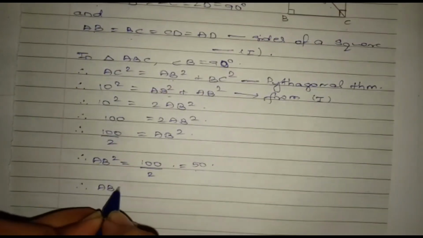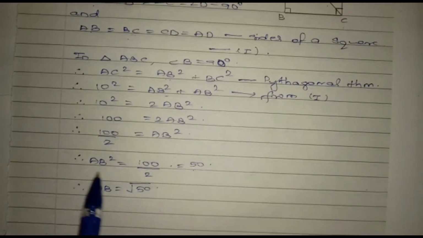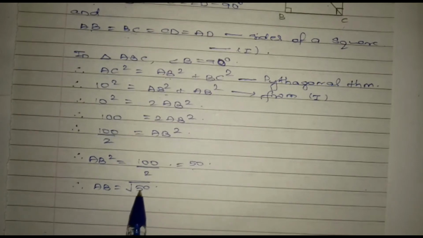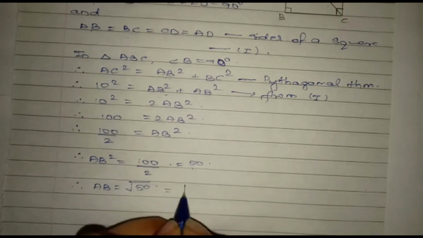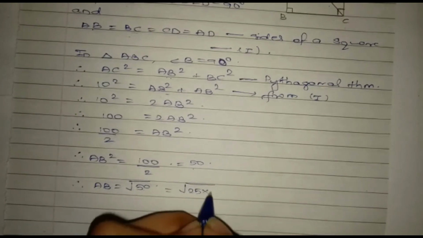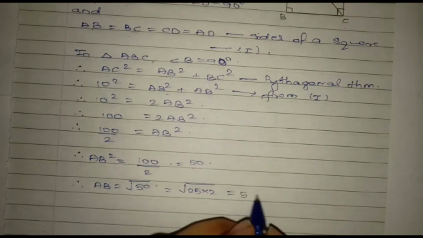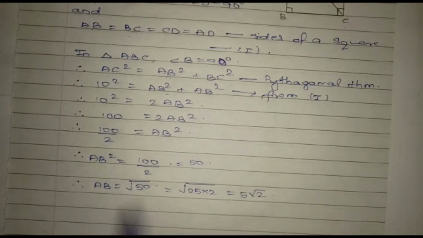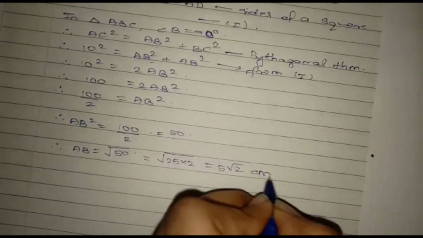So we'll take square root, that is AB is equal to root 50. Now this 50 we can split as 25 into 2 and take 25 out of the root. Root 25 is 5, so we get 5 root 2 centimeter.